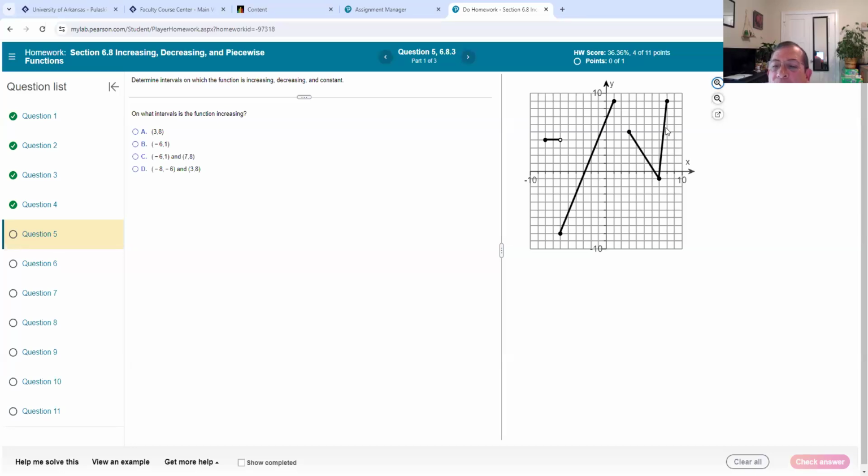The second point on that line is hitting me at 8 on the x-axis. So that one goes from 7 to 8, the graph is going uphill. So we had the left side from -6 to 1, and then the right side from 7 to 8. That would be C on that one, okay?